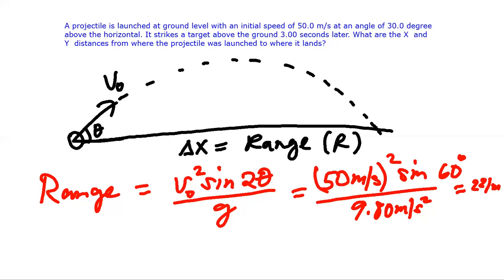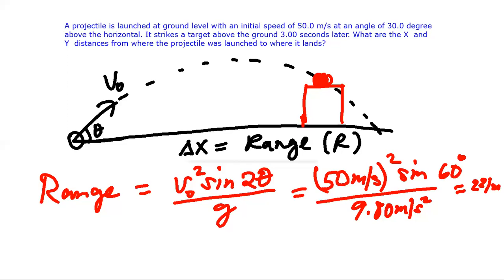Okay, to find the displacement in the x, that's the x distance, and the y distance. Now, for the diagram I drew here, delta x is the same as the range. But in some cases, let's say the projectile landed somewhere here, as if there was a target here.